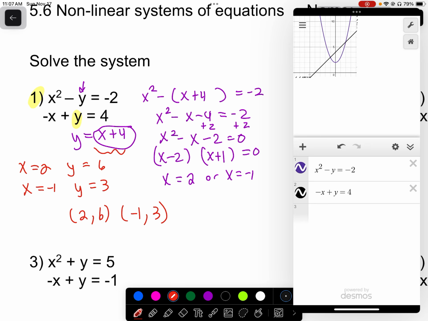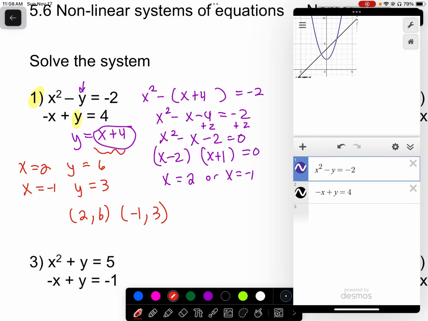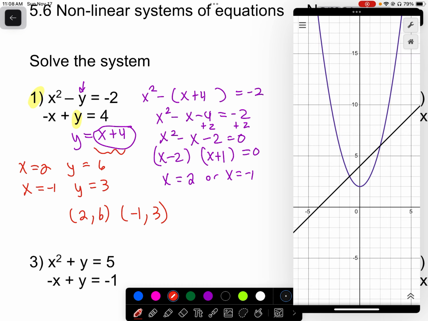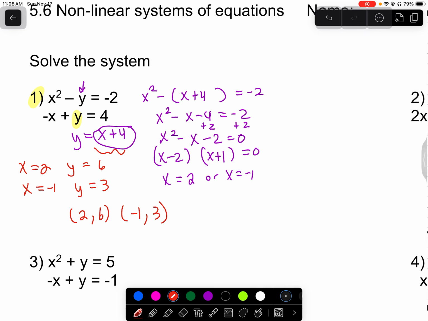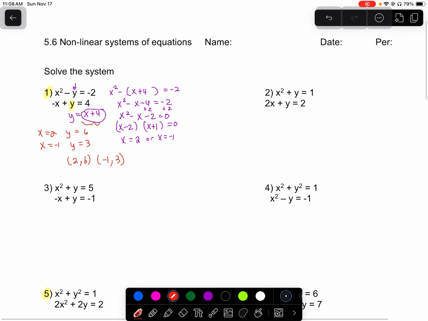I'm sorry, my 2 equations got a little messed up here. Let's see if that helps. There we go. We can see that they do indeed cross each other at (2, 6) and (-1, 3). So that's great. So try the algebra yourself and then make sure to check it in something like Desmos.